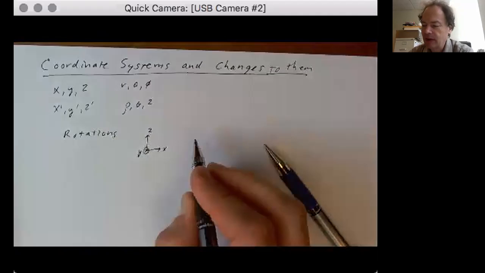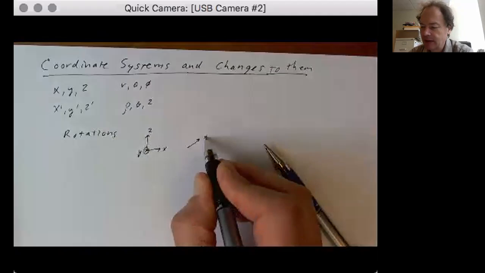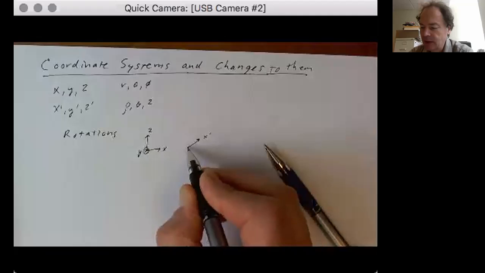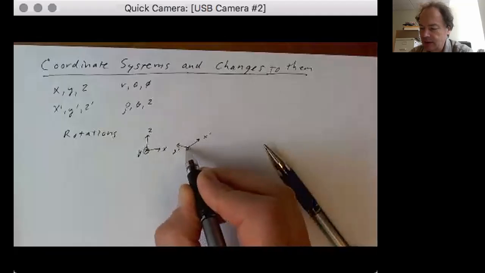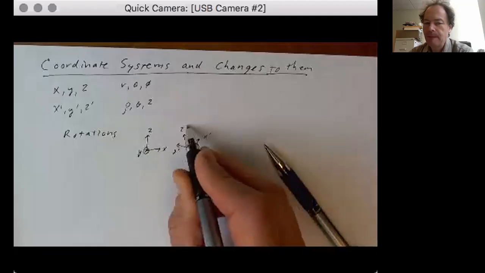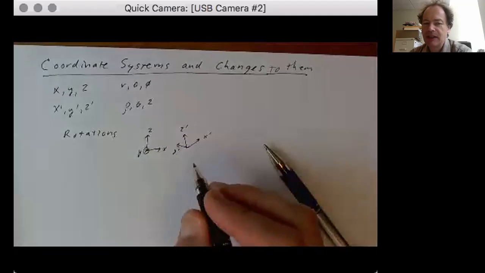And we may want to rotate it so maybe x prime is up here, and y prime is a little bit that way, and z prime is somewhere there. And so we don't know exactly what that's going to be.